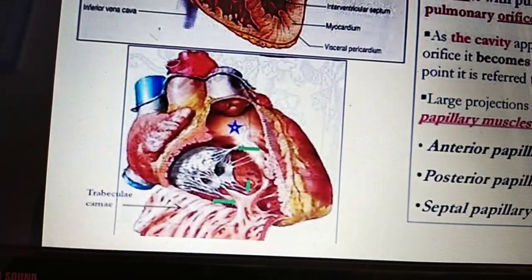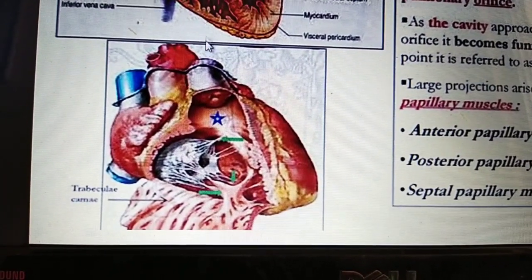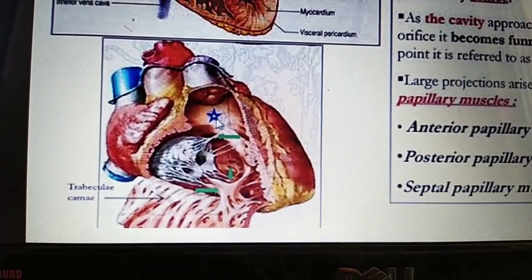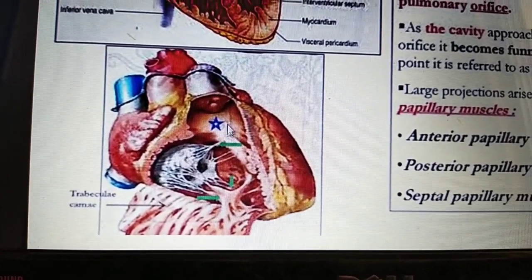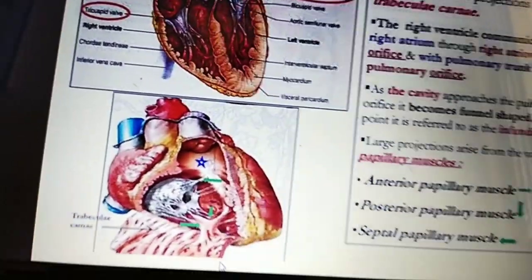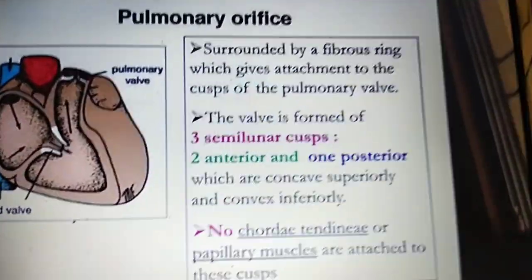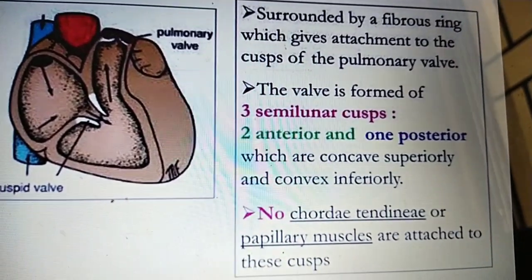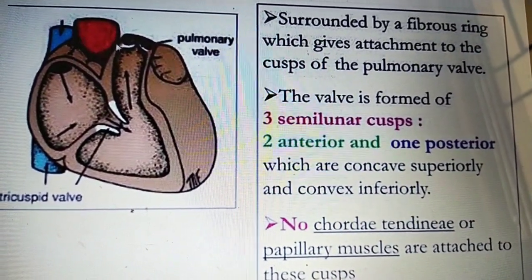The smooth surface of the ventricle, or outlet tract of the ventricle, is the infundibulum, and it is funnel shaped. Then the pulmonary orifice, and here is the semilunar valve of the heart.